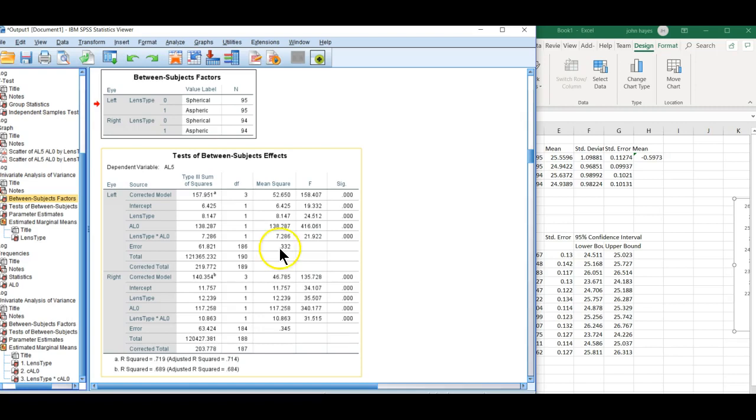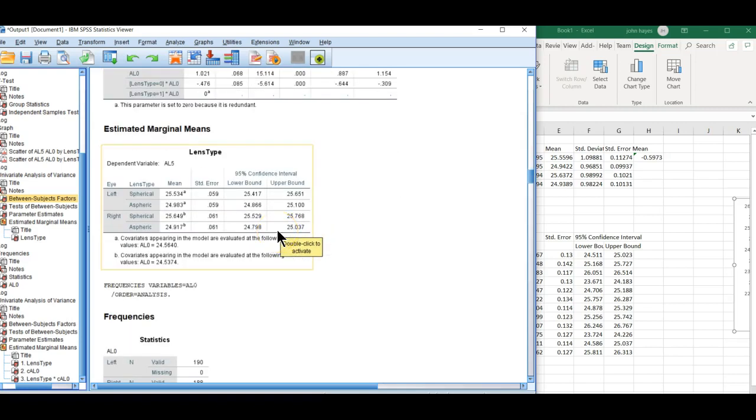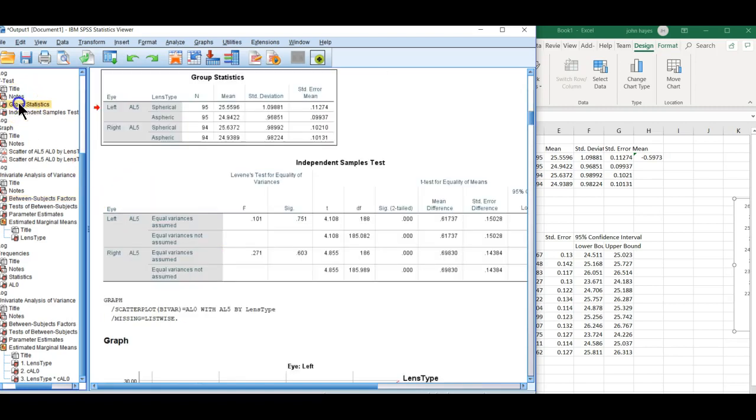I'll go do it through the other one, but really, if we were to use this, we would look at our expected mean squares, which, if the interaction term was not significant, we would use for these lens types. And I want you to notice here that what these little superscripts are saying is these means are adjusted. They're not the same as the original means.